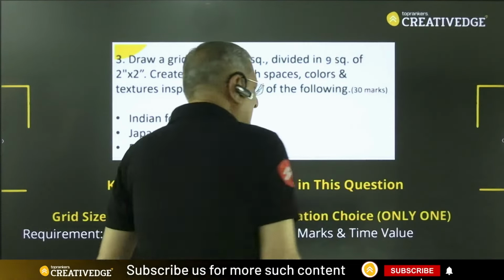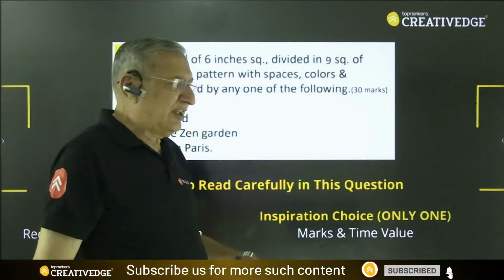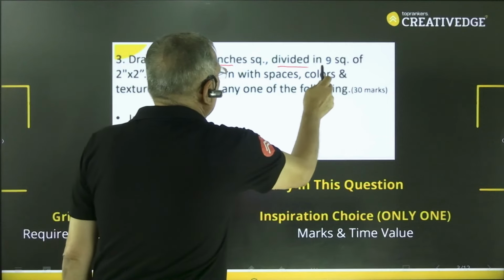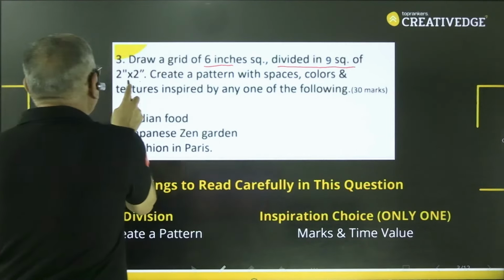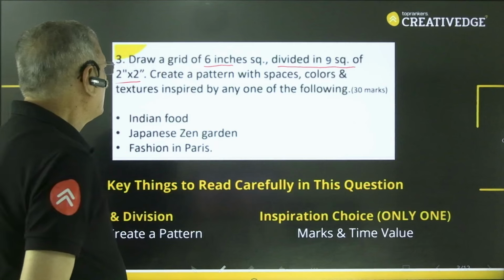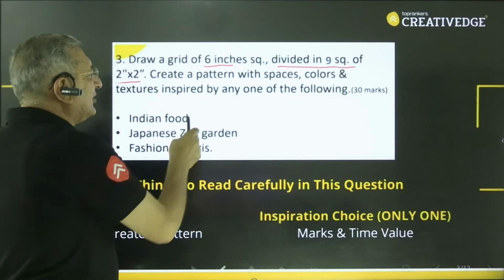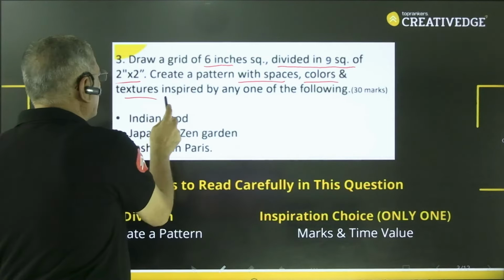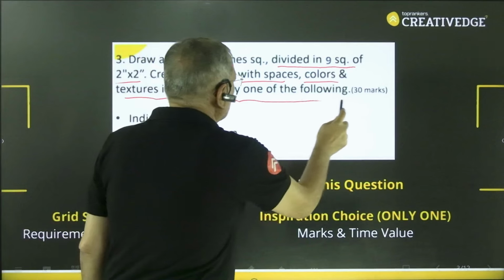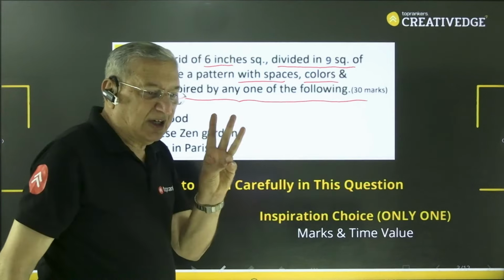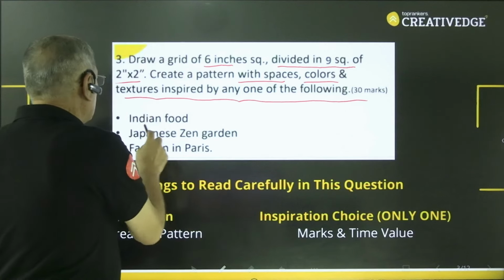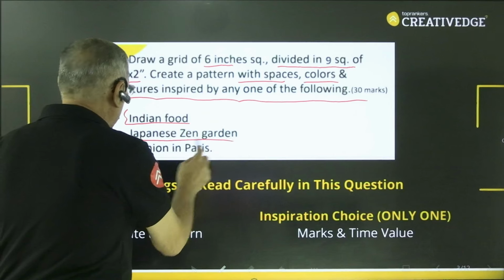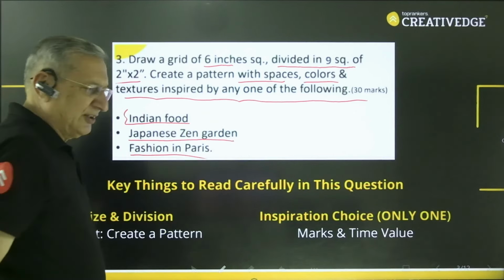Now, this is another example of the misreading of a question. Draw a grid of 6 inches divided in 9 squares of 2 inches by 2 inches. Create a pattern with the spaces, colors, and texture inspired by any one of the following. 30 marks. Either you have to do it on Indian food, Japanese Zen garden, or fashion in Paris.